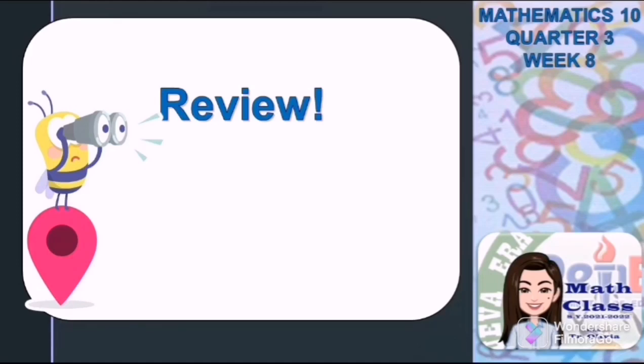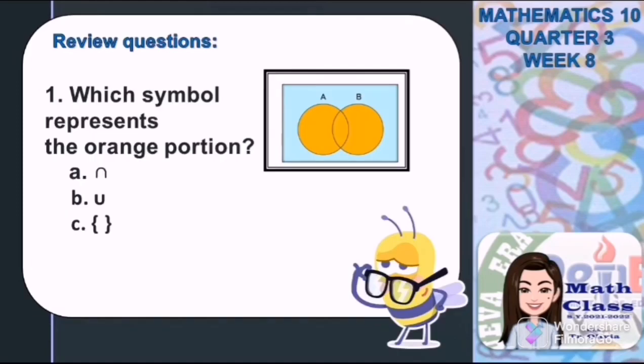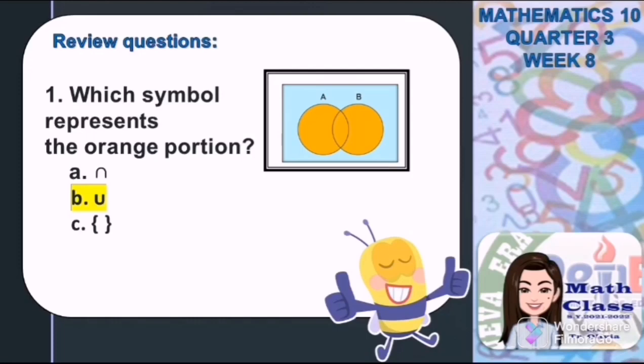Now, let's review using the following guided questions. First question, which symbol represents the orange portion? A, B, or C? Very good.